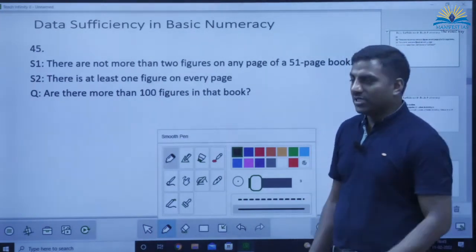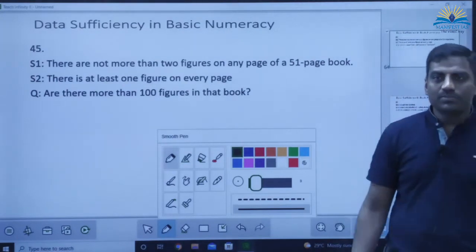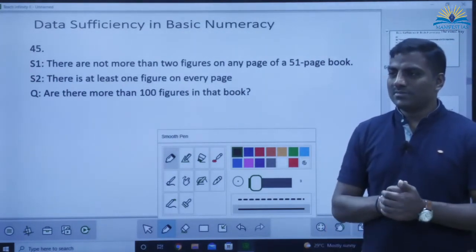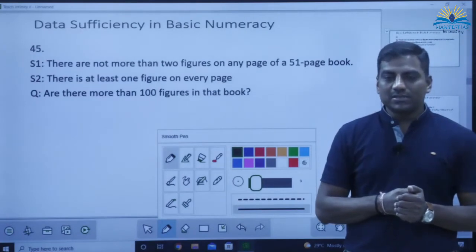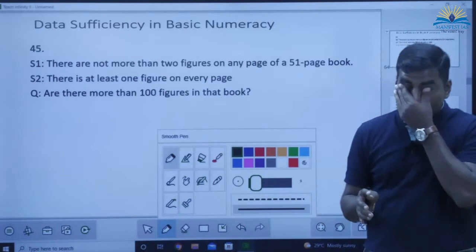Let us look into this question very freshly. That is question number 45. Later I went and saw there was a bit of confusion, or a discrepancy, in the solution.